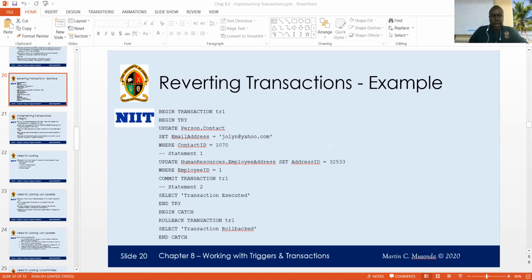First of all, we start by ensuring that if there is a table that is already created called T2, it is deleted.